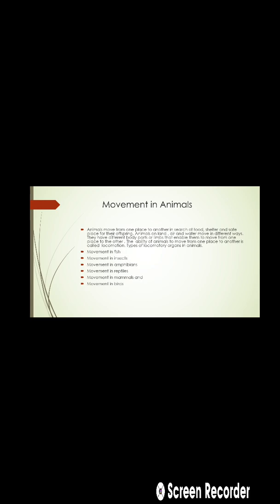Animals move from one place to another for various reasons, such as in search of food, shelter, and a safe place for their offspring. They have limbs or other body parts which help them to move. The ability to move from one place to another is called locomotion.